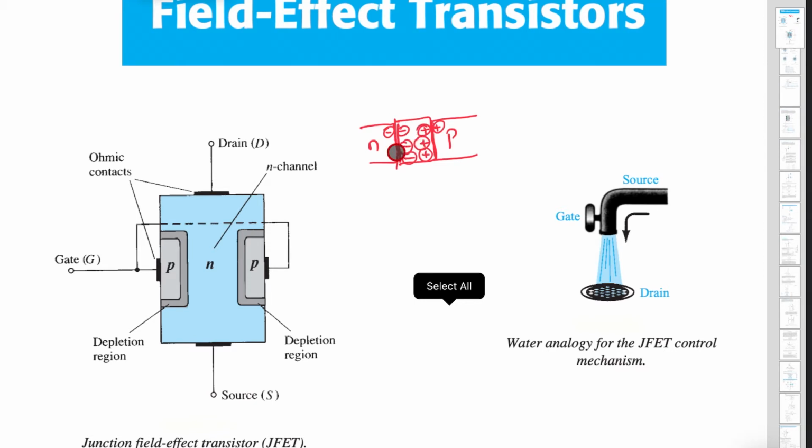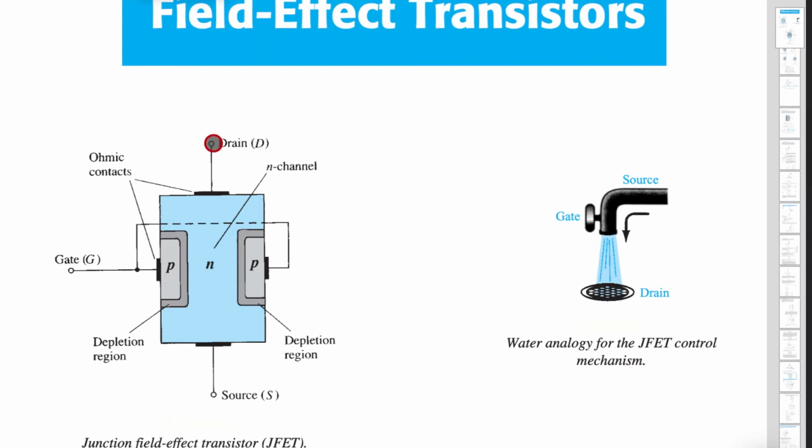Once that breaks down, only then will the current start to flow between these two. This is what happens in BJT, but here it will not break down. Here we are not intending it to break down, but in a diode and BJT we are intending it to break down. That was a brief explanation about the depletion region.